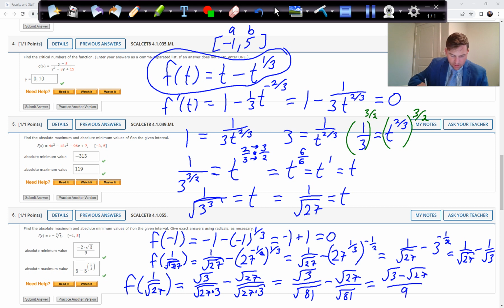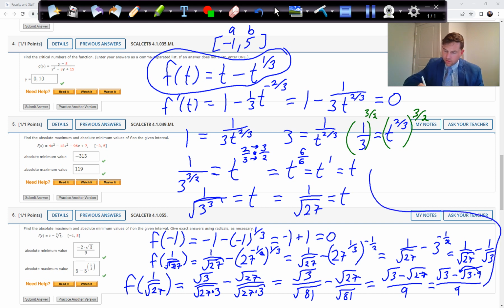I'm trying to get to the final answer like I have it written. And that's going to be, okay, we run out of room. Root 3 minus root 27, which can be written as 3 times 9. So the 9 can burrow out of here as 3.